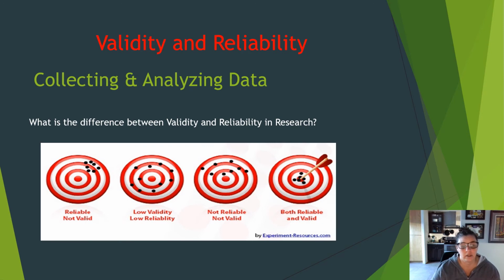This is both low validity and low reliability, so they're all over the place. This one's not reliable or valid. And then this one is both reliable and valid. So it's a nice visual aid for you, right? You're measuring what you intend on measuring, and you're doing it consistently over and over again. That is validity and reliability.